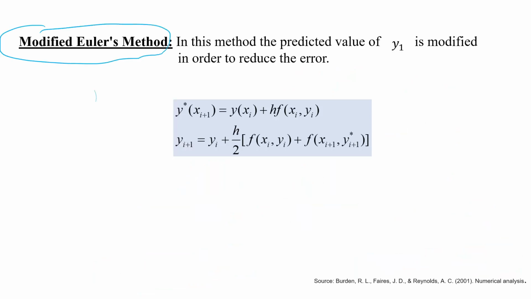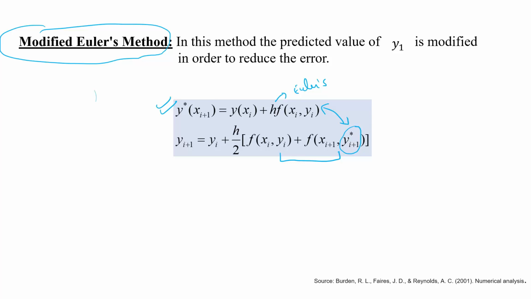So what is this? Mainly we find the value of y by Euler's method only, which we discussed previously. And then we find the average of the slopes at the two points. This is the slope at the initial point. This is the slope at point y(i+1), which you get from the Euler's method, and then calculate the slope at that point, and then find the average plus yi.